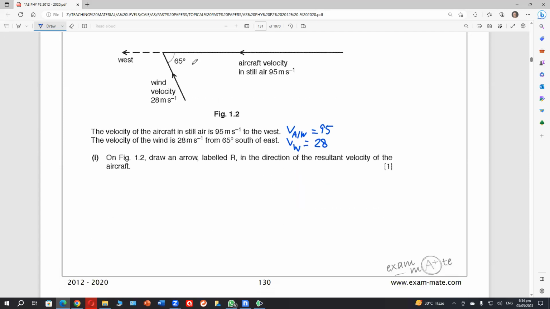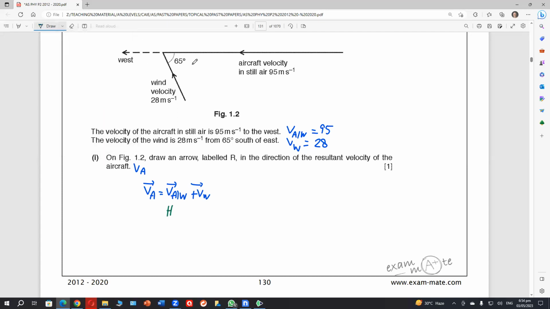So now, how do we tackle such a question? Velocity of the aircraft, this is called VA. VA is equal to VAW plus VW. I have shown the equation for you, and it's a head to tail situation.